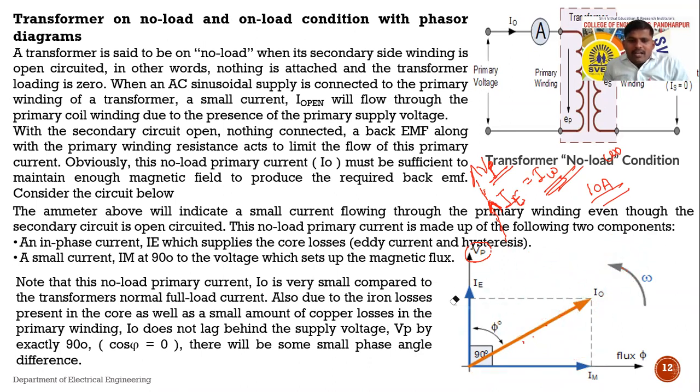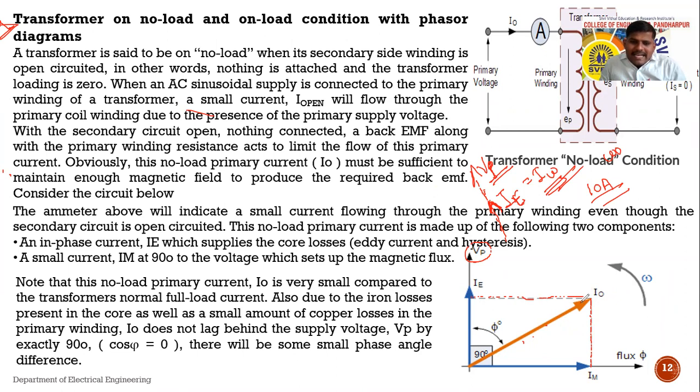if we draw the parallelogram, or if we extend this line, that is this working component, it will be extended in the up direction. Sorry, see here, this I mu is nothing but the magnetizing component. It will be drawn here, and the IE is called the working component, this dotted line. So we have drawn one parallelogram, or we can call it a rectangle.